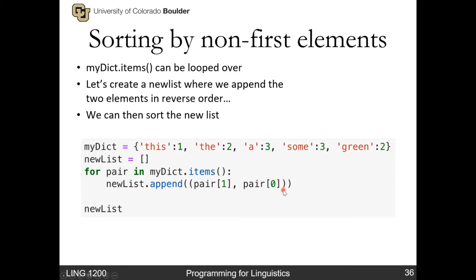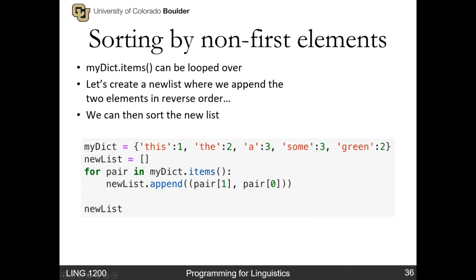We're going to use our indexing square bracket notation to get the second item in the pair from our original tuple and put it first here, comma, and then take the first item from our original tuple and put it after that.